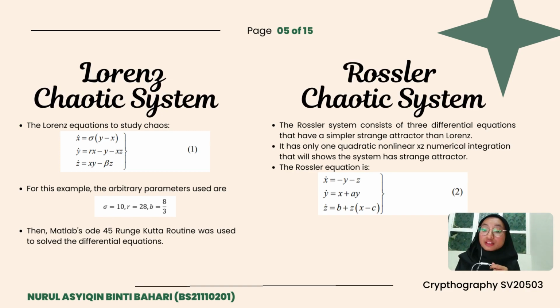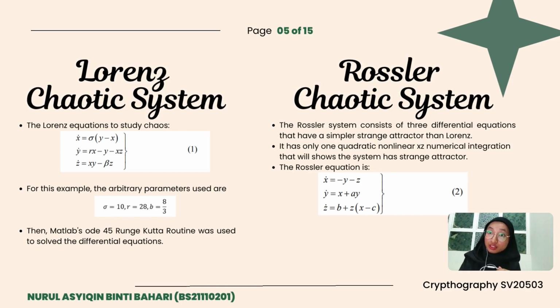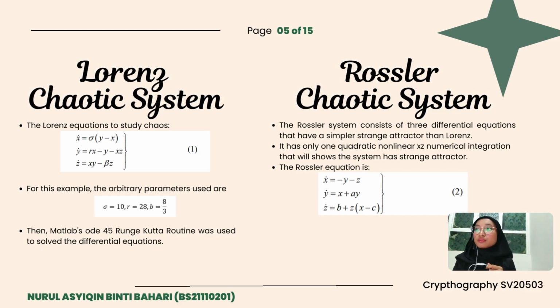So these are the two chaotic systems. The first one is Lorenz chaotic system. The system is a system of three ordinary differential equations that is known as the Lorenz equation. So the equation is the first one, dx over dt equals sigma (y minus x). dy over dt equals rx minus y minus xz.